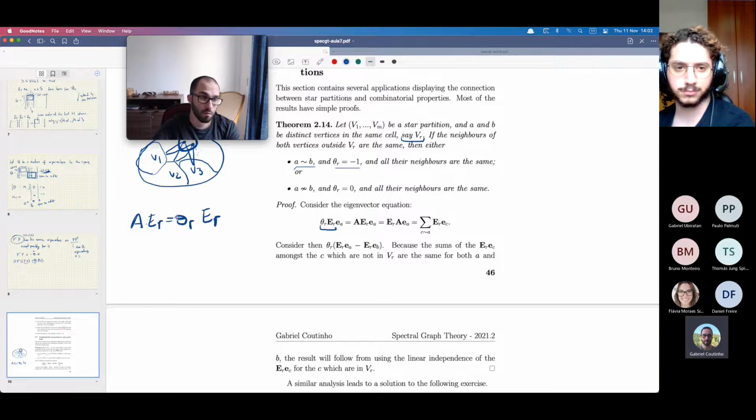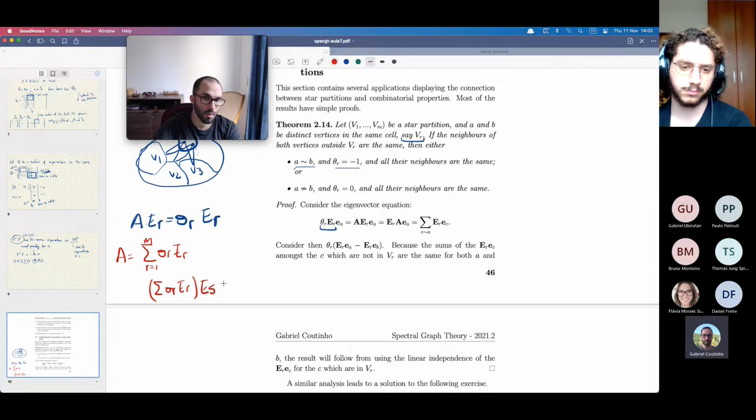Well, for example, one of the ways you could prove this is by writing the spectral decomposition of A and multiplying this sum by a certain E sub r. So this thing here times E sub s, E sub r E sub s is equal to 0 whenever r is different than s.